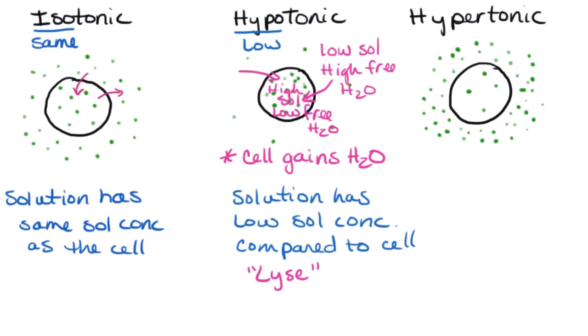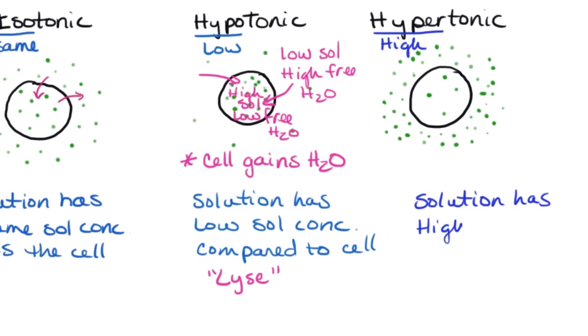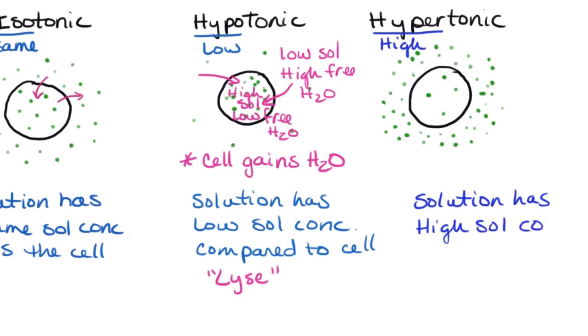The third solution type that we have begins with hyper. Hyper means high or over. So what that is saying is that the solution has a high solute concentration, and this is again compared to the cell.